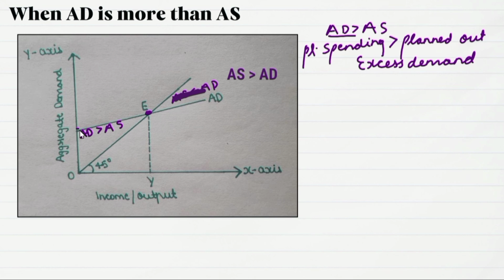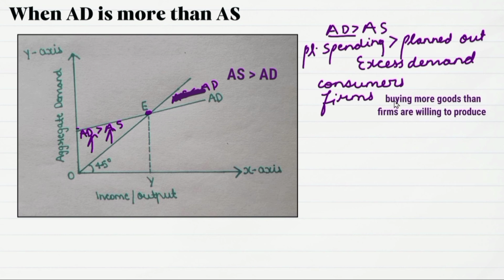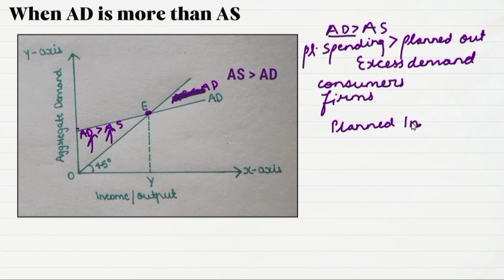When AD is greater than AS, the AD curve lies above the 45-degree line. It means that consumers and firms together would be buying more goods than firms are willing to produce. As a result, your planned inventory would fall below the desired level.